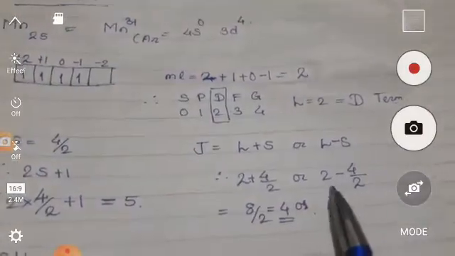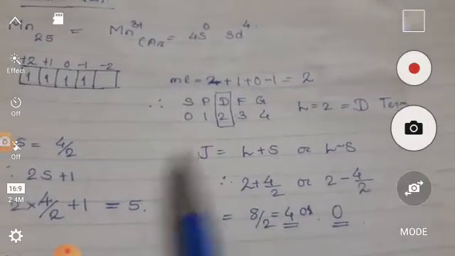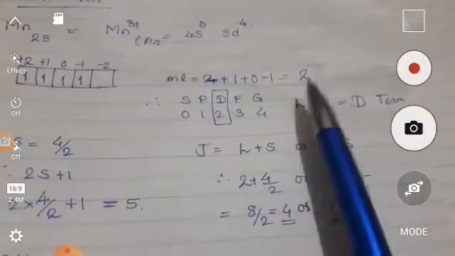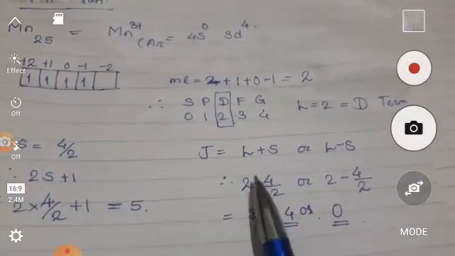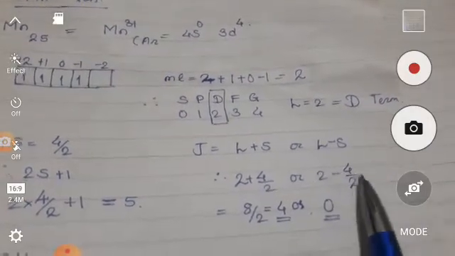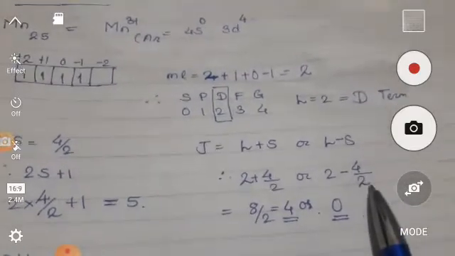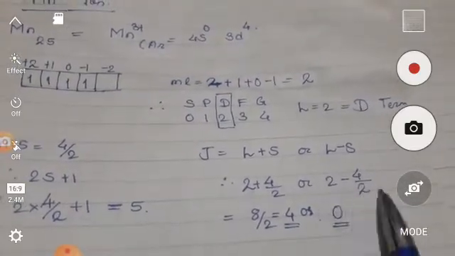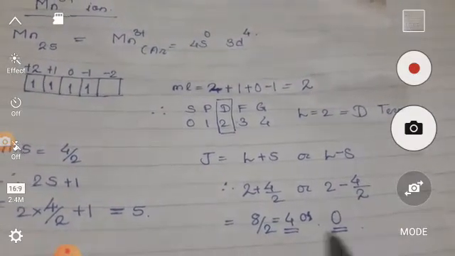So the J value must be L minus S, that is 2 minus 4/2. L is equal to 2 and S is equal to 4/2. So L plus S is 2 plus 4/2, or L minus S is 2 minus 4/2. But in our case the orbital is less than half filled, so we use J equal to L minus S, that is 2 minus 4/2, which is 0.